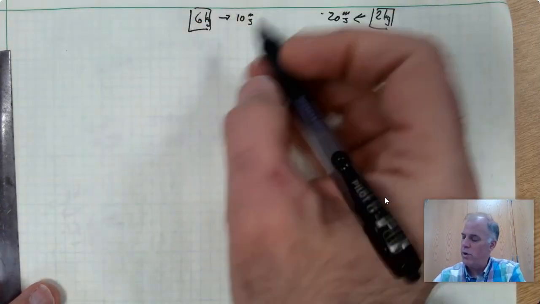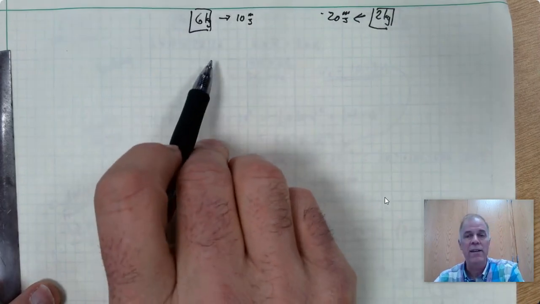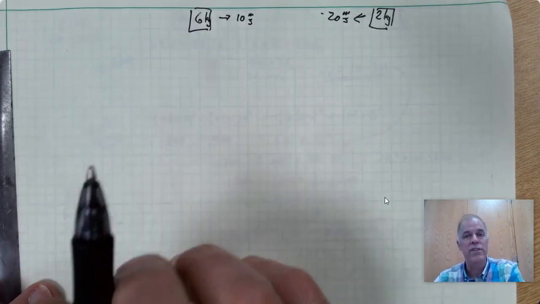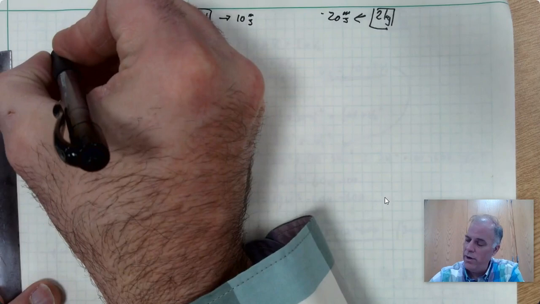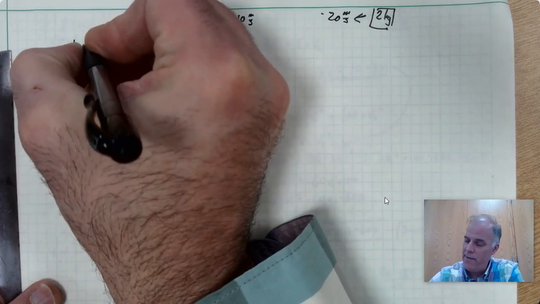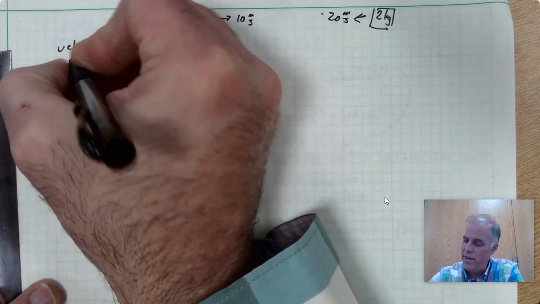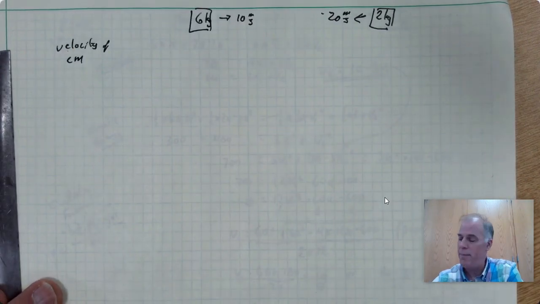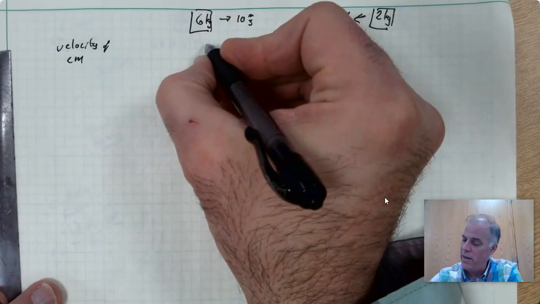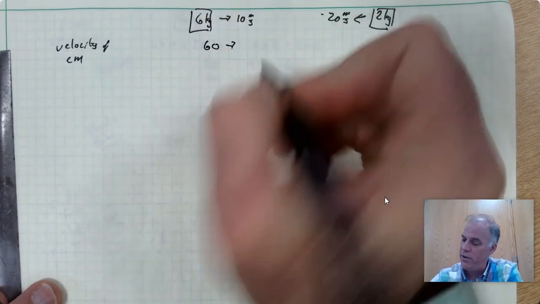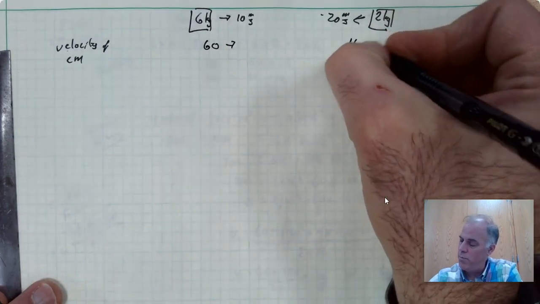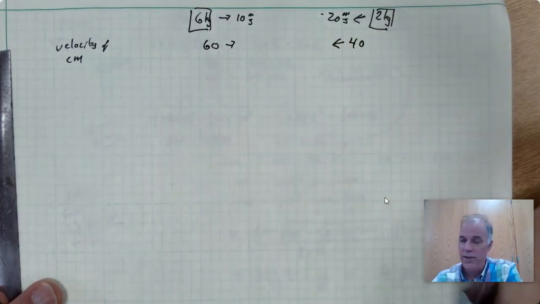So what we're going to do is we're going to first calculate the speed of the center of mass. So we want to know actually the velocity of the center of mass. That's going to be our first step. So this has a momentum of 60 in that direction. This has a momentum of 40 in that direction.